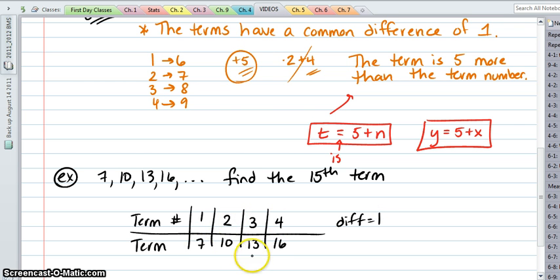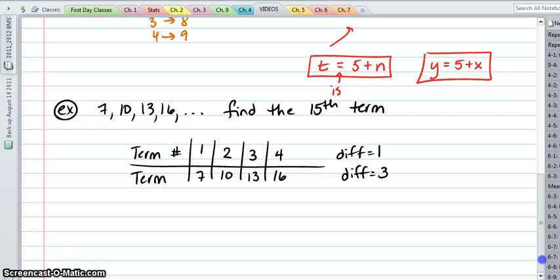What about from 7 to 10, 10 to 13, 13 to 16? Can you see it? The difference is 3. Just making sure that there is a common difference so that we can recognize that this is an arithmetic sequence. So now we can say that there's a common difference of 3 between the terms. I'm not going to write that out right now, but that is how I would describe it.